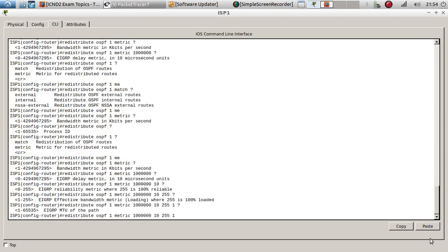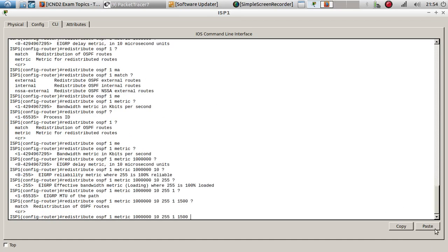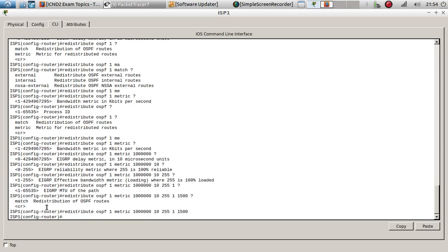Copy, paste it, and this is it. So we are redistributing OSPF 1 metric: bandwidth, delay, reliability, loading, and MTU. So this is done.